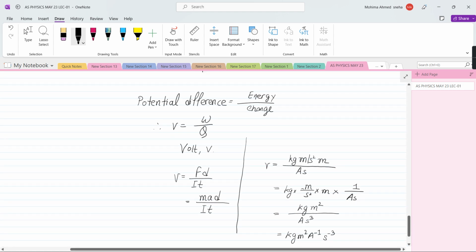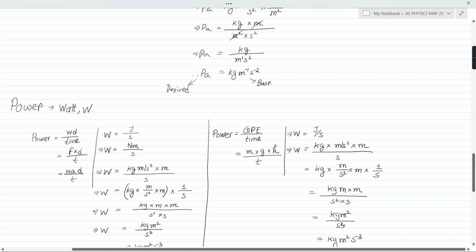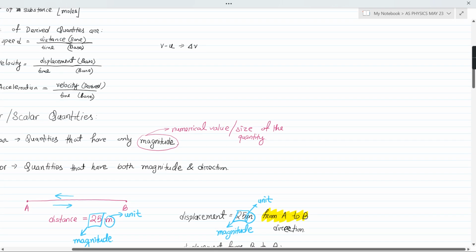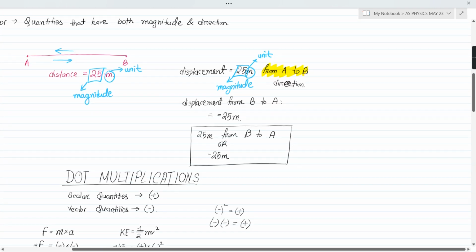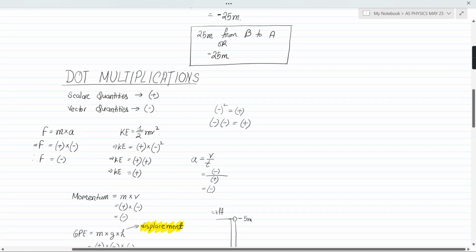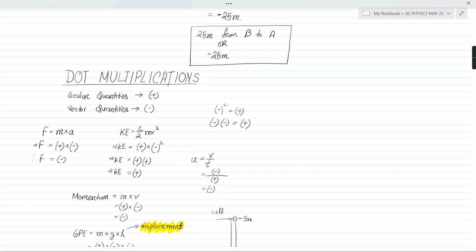Up to this, we explained vector quantities, scalar quantities, and base and derived quantities, the simple calculations for base and derived quantities, dot multiplication, and how to understand if a random quantity is a vector or scalar. Up to this, is everything clear? Are there any questions? No questions. Okay, then I would like to stop this class now.